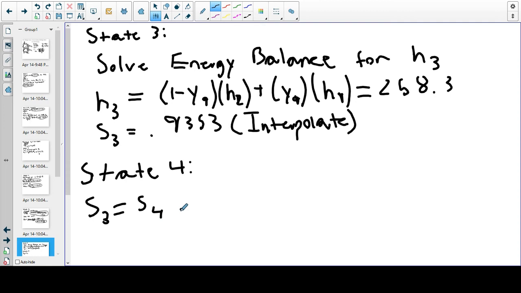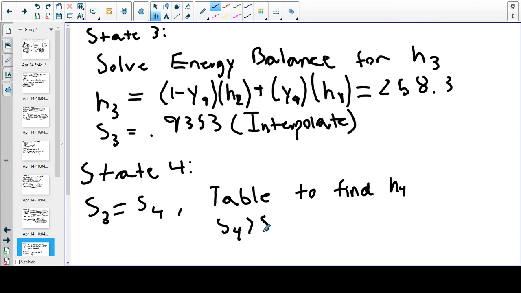And so state 4, we are solving through the compressor again. The reason we defined S3 was because we have to solve through the compressor as we do on the other ones, which is through the isentropic relationship. You go through the table and find out whether S is greater than Sg. But you do it at the maximum pressure this time, which is 12 bar.